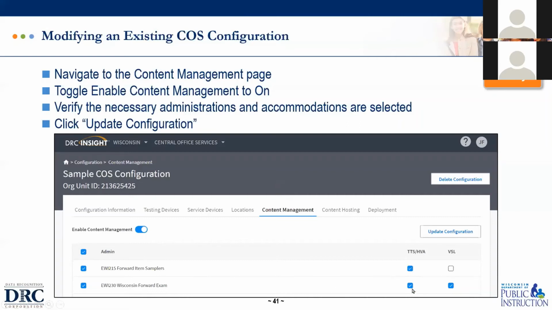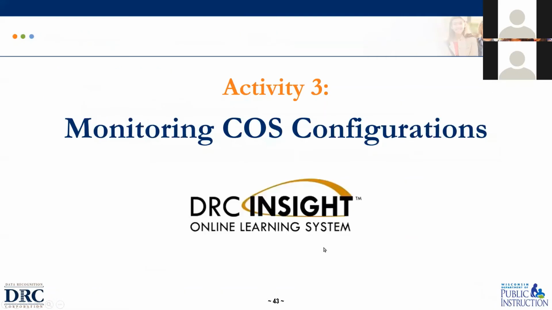Over to the right, you indicate whether or not any accommodations are needed for that site. In this case, for sampler, we have the text-to-speech. We don't have video sign language, but for the Forward exam, we've selected both. You're going to click Update Configuration, and now you know that all that content that is necessary for the environment is going to be stored on that new COS service device.